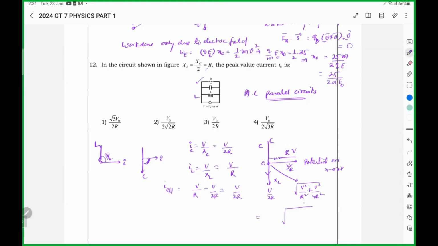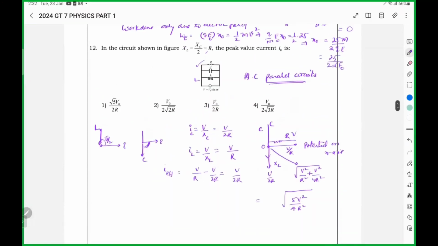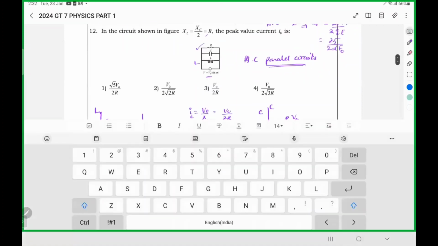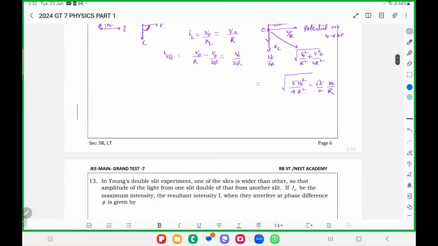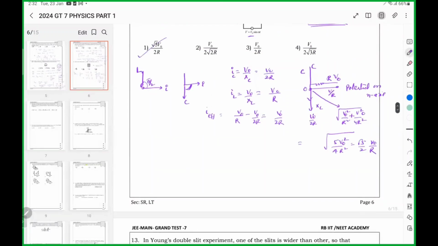So that is 4 plus 1, 5V square by 4R square. The maximum amplitude is given as V naught. You take all V naughts. Root 5 by 2 V naught by R. That is, the first option is correct.